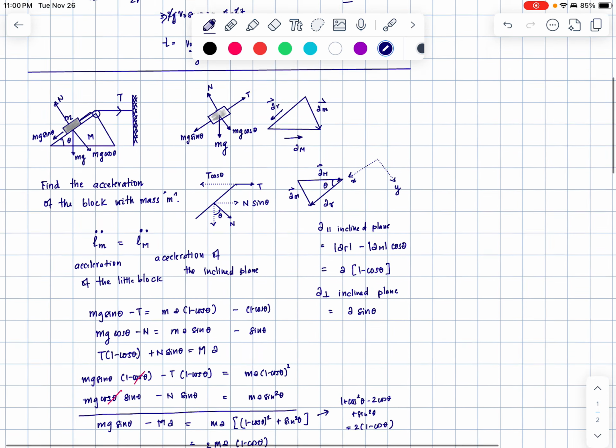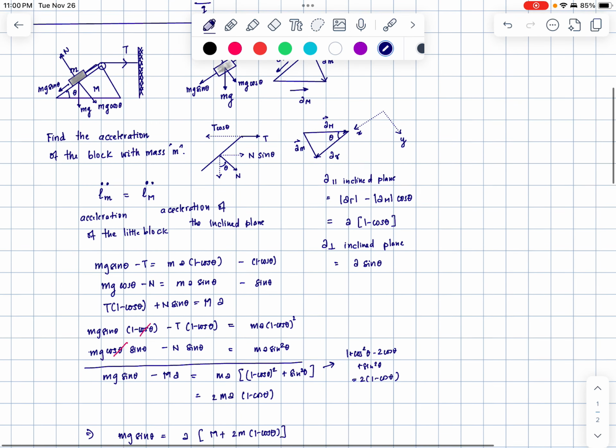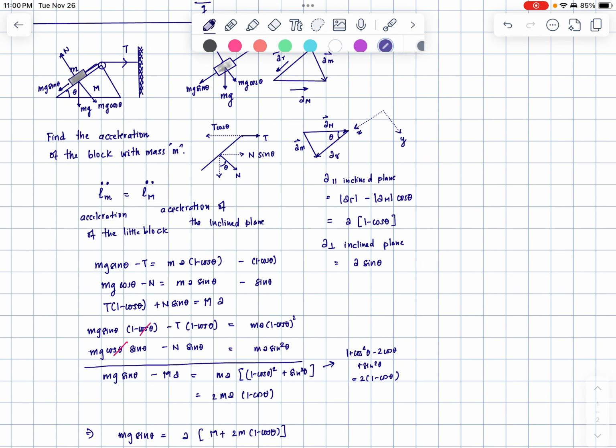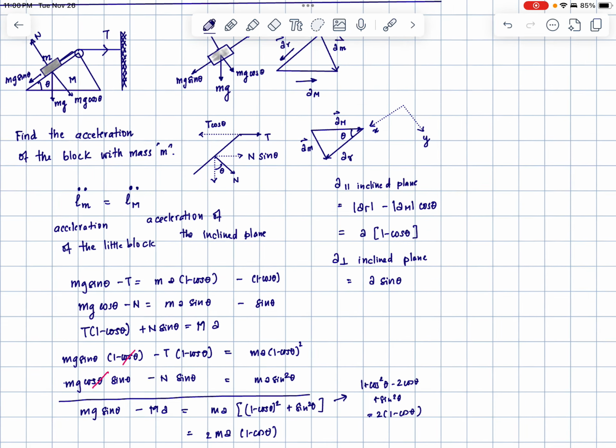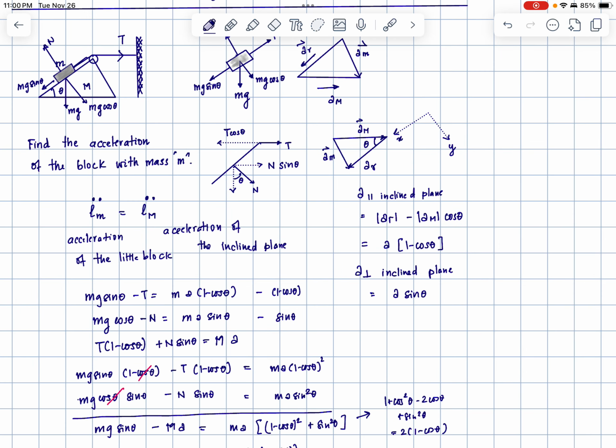We had to make some interesting assumptions. The first assumption is that there's absolutely no friction here. Number two is that this string doesn't extend, so it doesn't stretch.